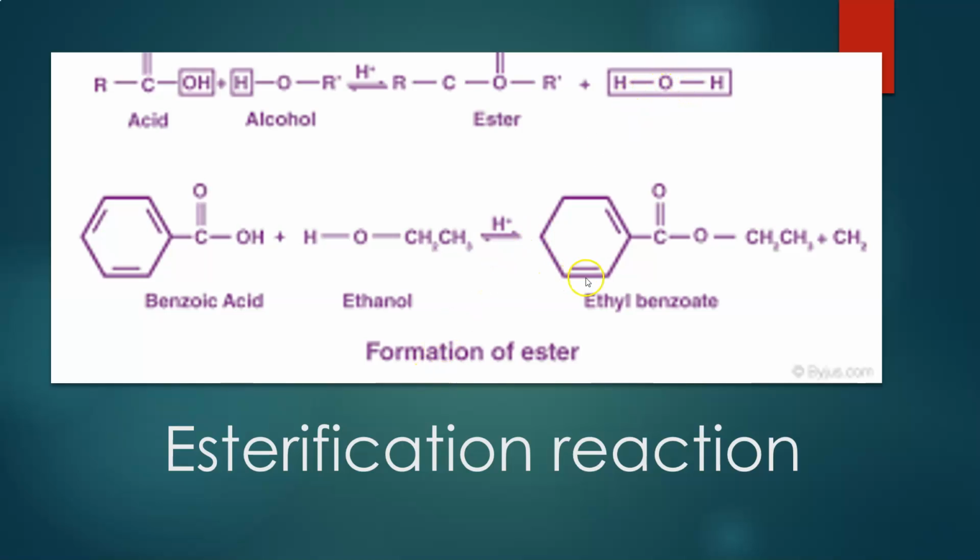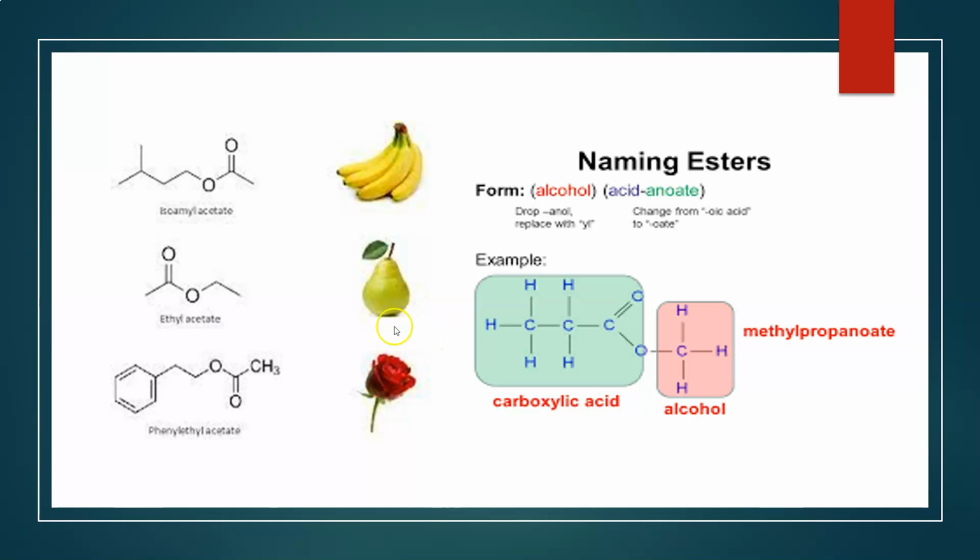In order to make an ester, we use a catalyst that is an acid to avoid that this reaction goes backward. The esters are found in the fruits and the flowers, as you can see in this figure.